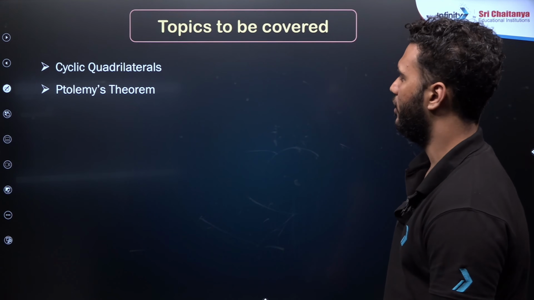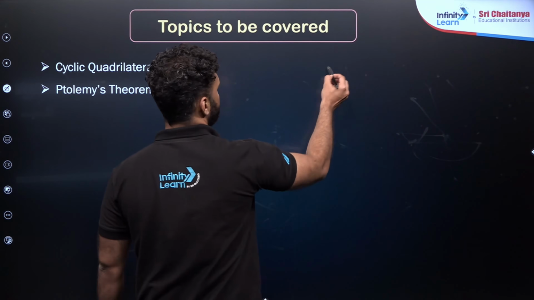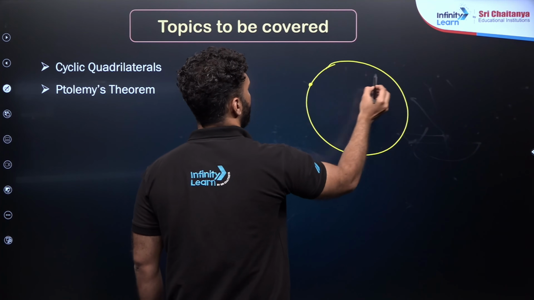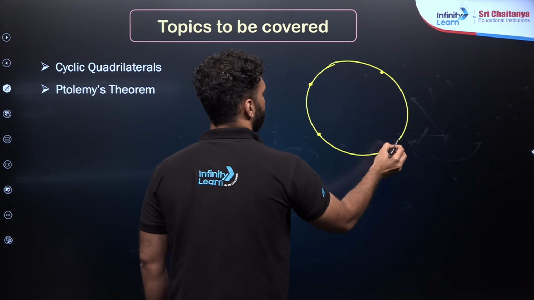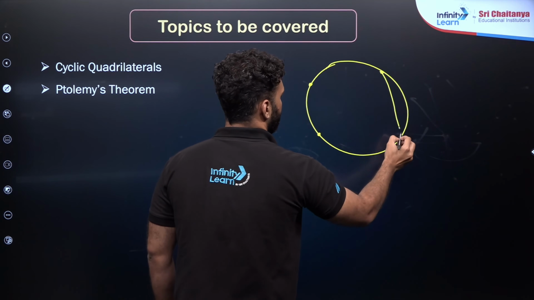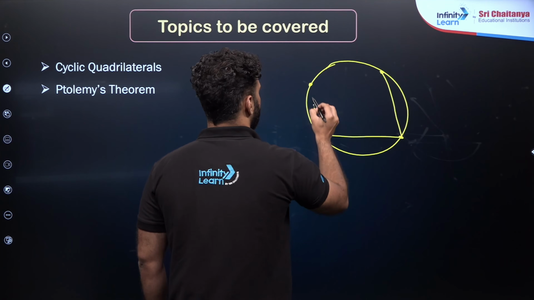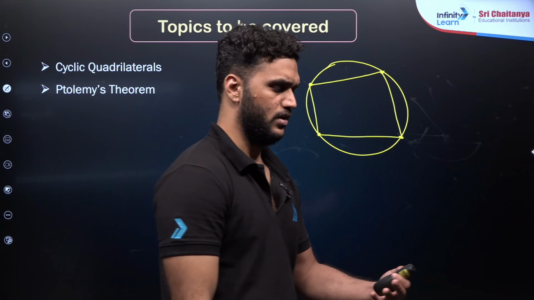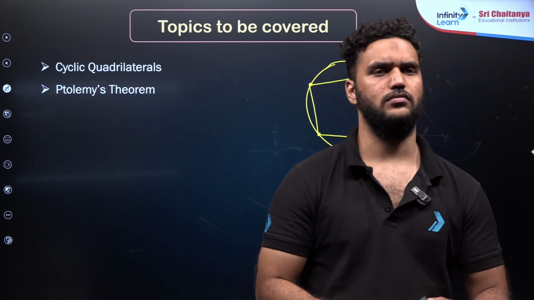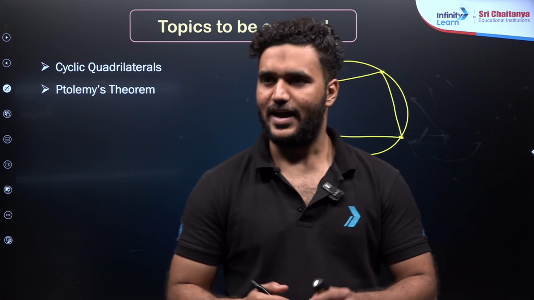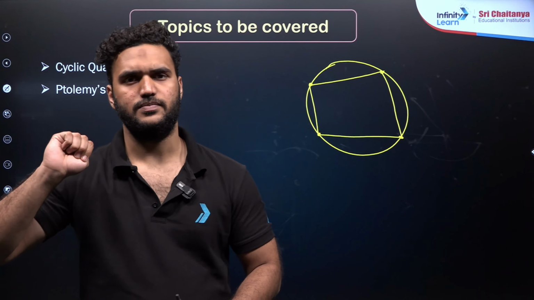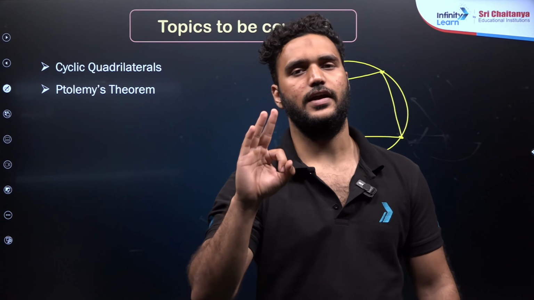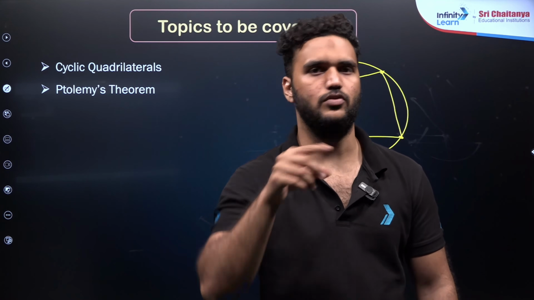Now, cyclic quadrilateral. What is a cyclic quadrilateral? If you have a circle and you choose any 4 points on this circle, then connect them with chords, you will get a quadrilateral. This quadrilateral is known as a cyclic quadrilateral. So what is the property of this quadrilateral? Like what is special in it? As I told you, if you have 4 points in space, there is no guarantee that you can always make a circle. For 3 points, there is a guarantee, and there will be only one unique circle which passes through these 3 points.